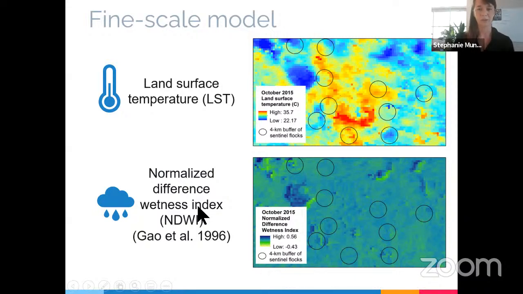And then similarly, the same process, but using normalized difference wetness index. So this is a product also derived from MODIS satellite imagery, measuring liquid water content within vegetation. And I did the same process of creating monthly averages for the study period of 2003 to 2017.